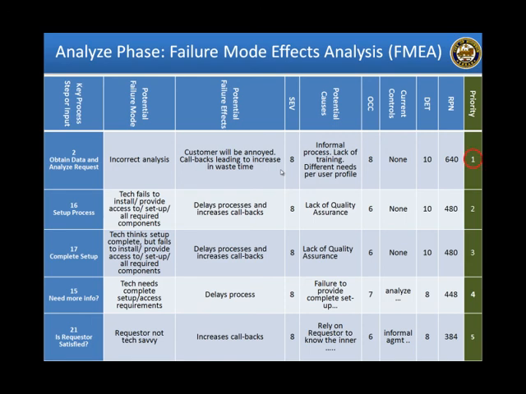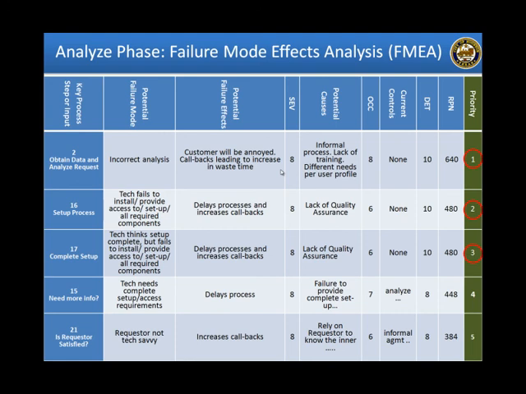The FMEA revealed the top 3 critical steps indicated by priority number 1, 2, and 3. First priority step is obtain data and analyze request. In this step, we identified informal process, lack of training, and different needs per user profile as the potential causes. For this project, our priority 1 revealed an RPN value of 640.